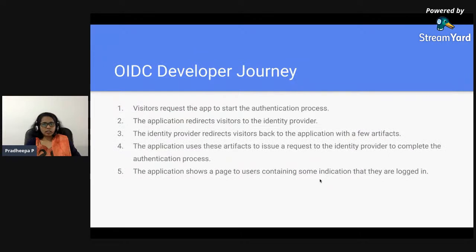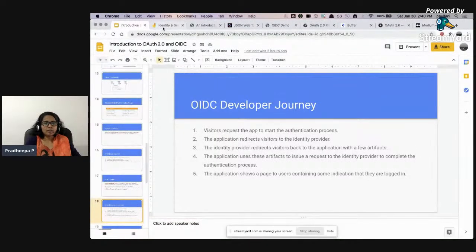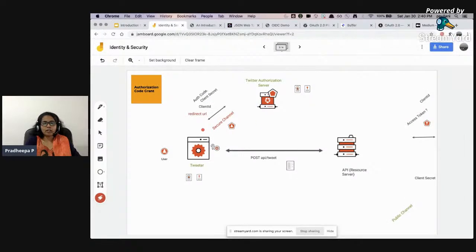So let's look at the developer journey. This is going to look a lot like the OAuth 2 flow journey. The only difference is that instead of asking for an access token, in all these transactions it will ask for an ID token. It's the same: it will normally request a code, and when it receives that, it then asks for the ID token.